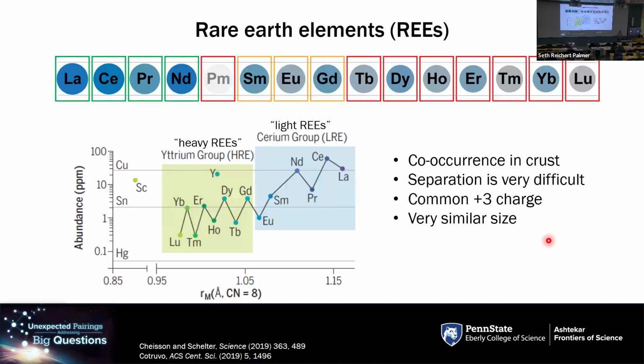So these elements co-occur with one another in ores, and it took a lot of work 200 years ago, and still takes a lot of work, to separate one from all the others. This comes down to chemistry again, because these elements predominate in the +3 oxidation state, so they have a +3 charge on each of them, and their sizes are extremely similar.